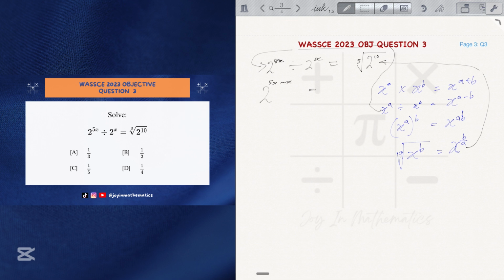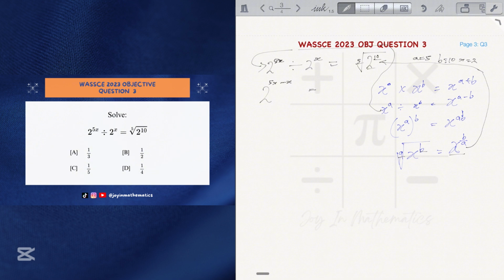In this principle, we understand that a is equals to 5 and b is equals to 10. And the result is x raised to the power of b over a, where x is equals to 2.